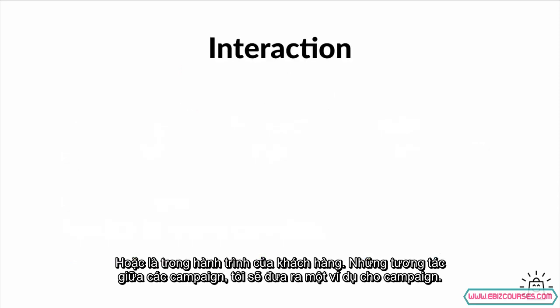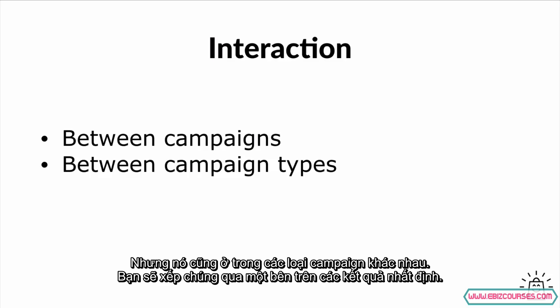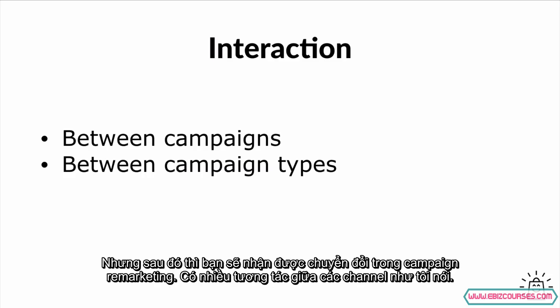And there's interaction between all sorts of things, between campaigns. I gave the example of a generic and a branded campaign, but it could also be between different campaign types. So maybe you pull them to the site with an organic search result, but then you actually got the conversion with a remarketing campaign. So there's also interactions between the channels.